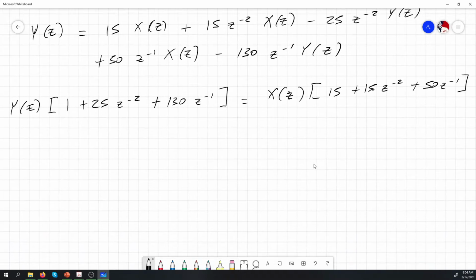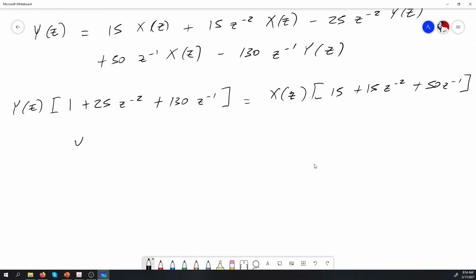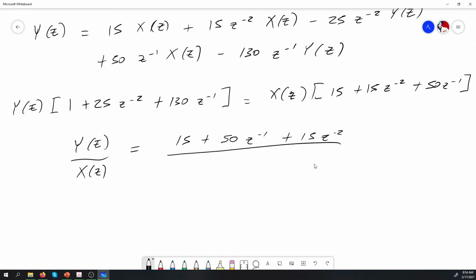And then if we rearrange this such that it's y of z divided by x of z, which is basically giving us our transfer function, this is going to be 15 plus 50 z to the -1 plus 15 z to the -2, divided by 1 plus 130 z to the -1 plus 25 z to the -2.